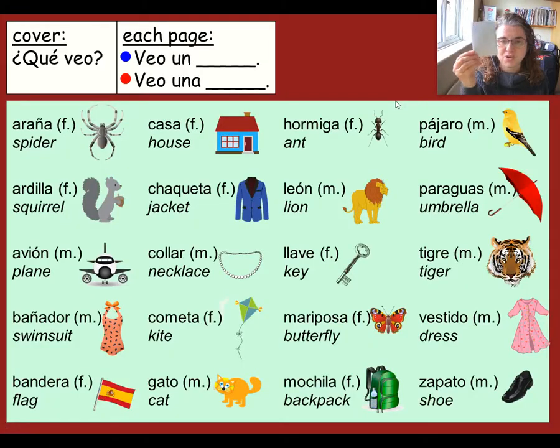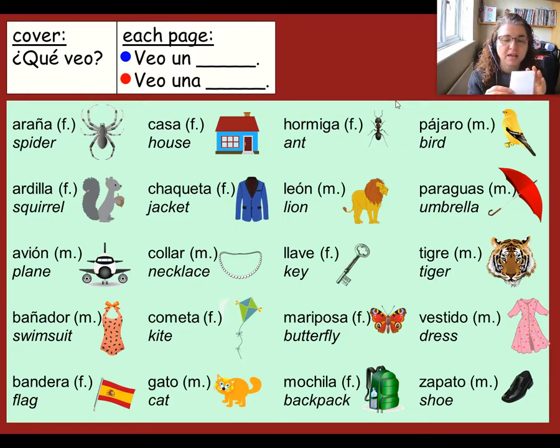So now you've got your little mini book. It's up to you to fill it with your version of the story. On the cover, I want you to put que veo for what can I see? You might want to put an illustration there as well and your name because you're the author.